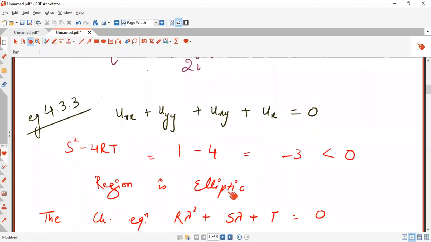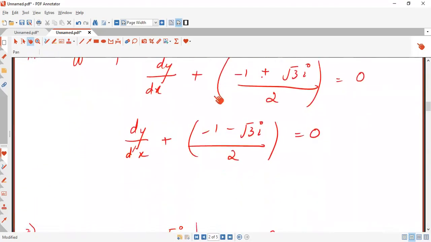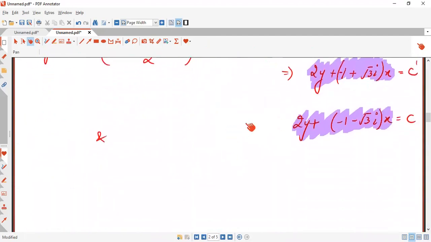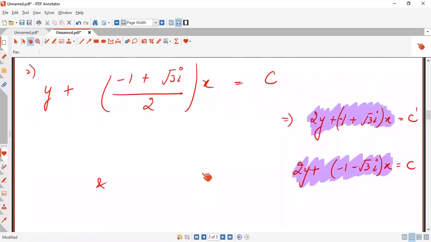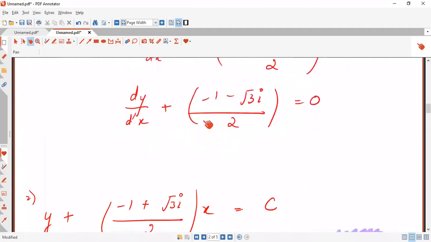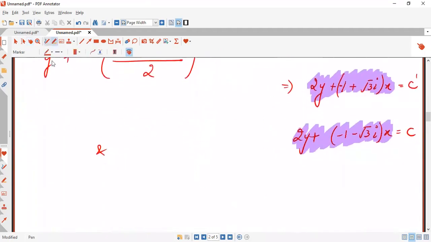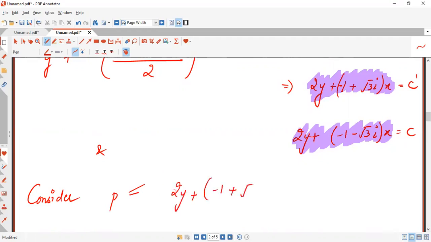Check what you're doing. Here, consider p as y plus minus 1 plus 3 iota and q as 2y plus minus 1 minus 3.